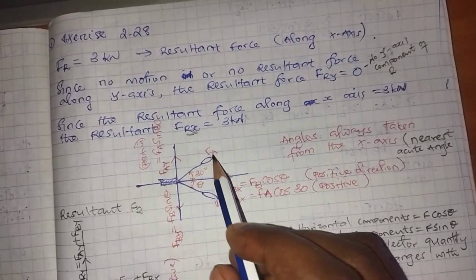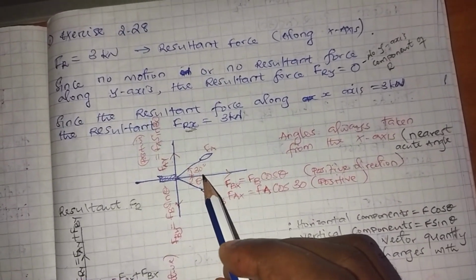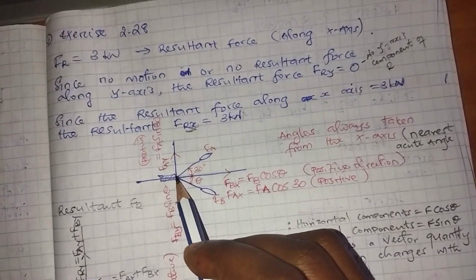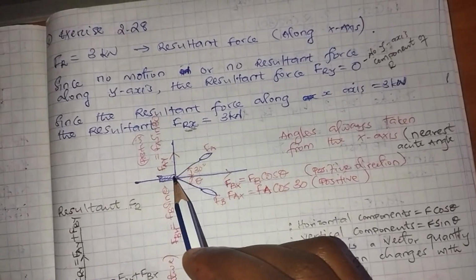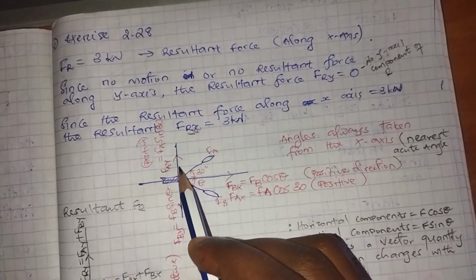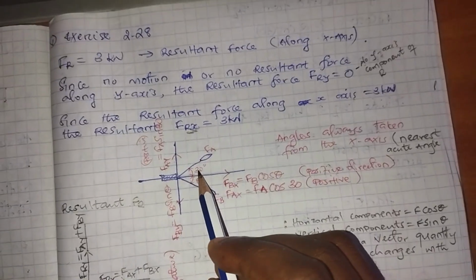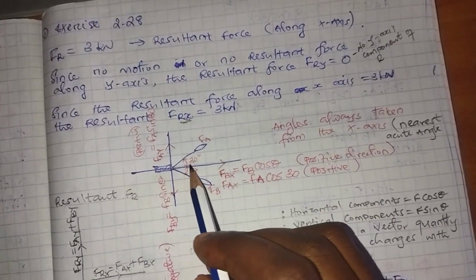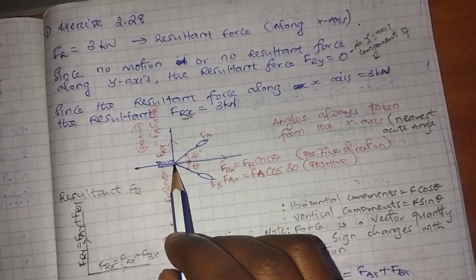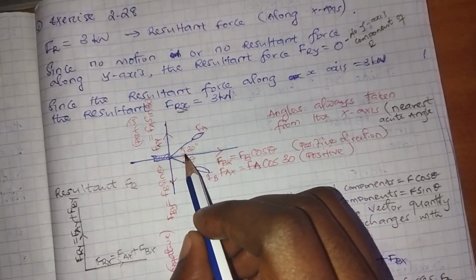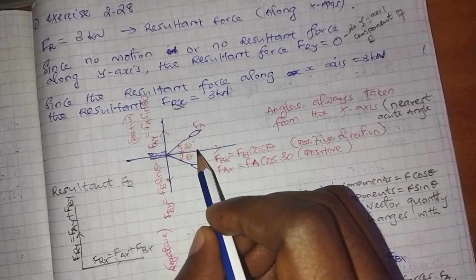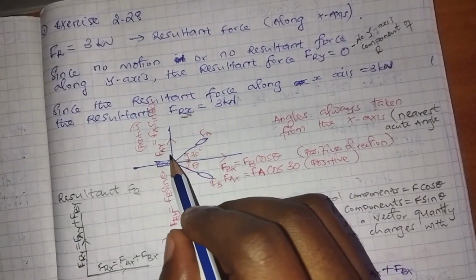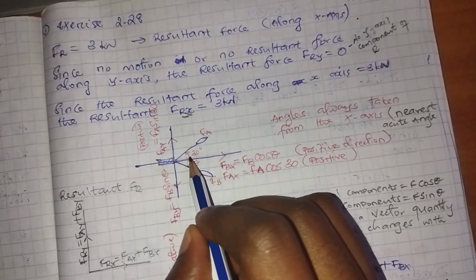The x component of this force is given by the cos of this angle, and the y component is given by the sine of this angle. Remember, all angles are measured from the x-axis, no matter the direction. If you want to determine the x component, you use this angle. If you want to determine the y component, use the same angle, not this angle, the same angle.